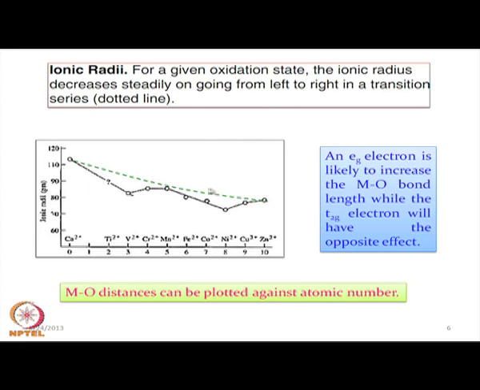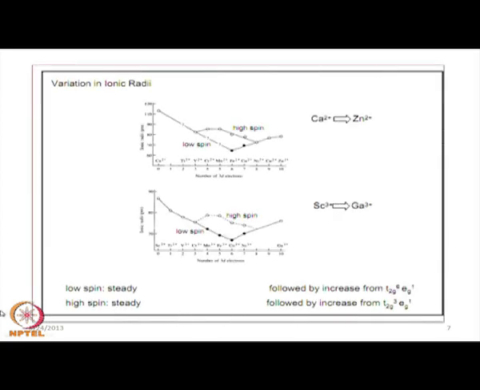We get a similar type of plot for these MO distances at the same time. So, this variation in ionic radii can also be reflected for these two types of cations, one the bivalent and another the trivalent state, and we see for the low spin and high spin case also we will have different types of things.